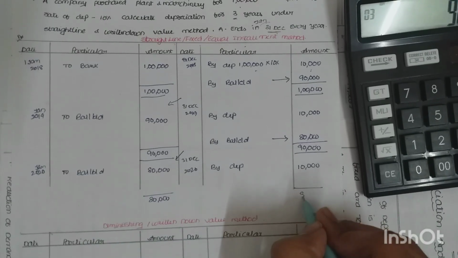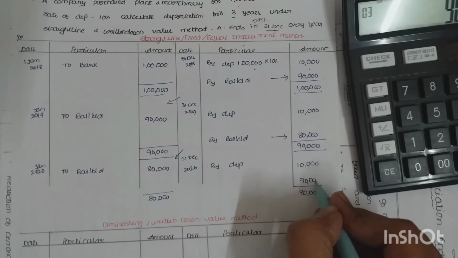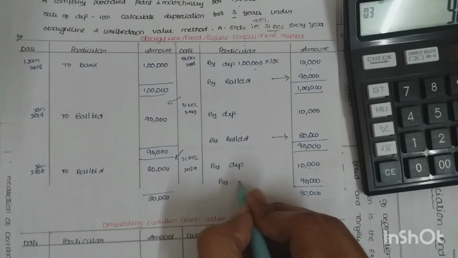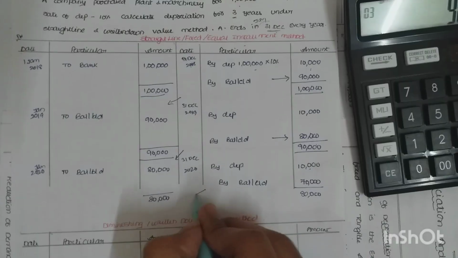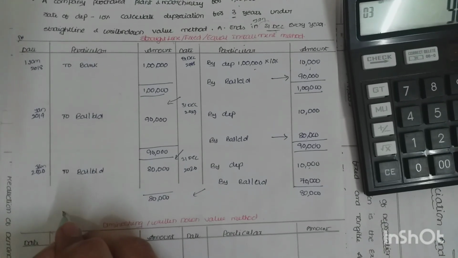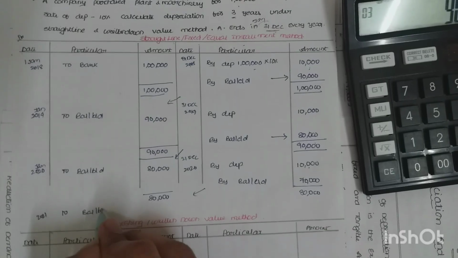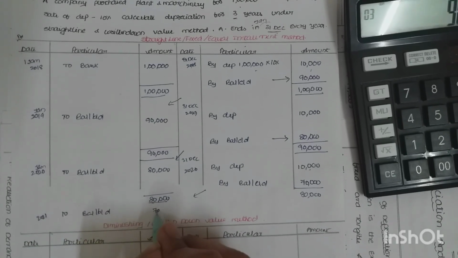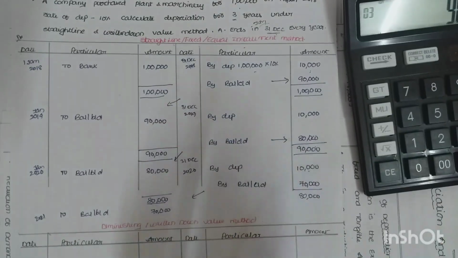Here also 80,000. 80,000 minus 10,000 is 70,000. So this is by balance carried on, 70,000. Next year you have to record to balance, this is 2021, to balance brought down 70,000. This much you have to do, because only 3 years he asked, 1, 2, 3 years we have completed.